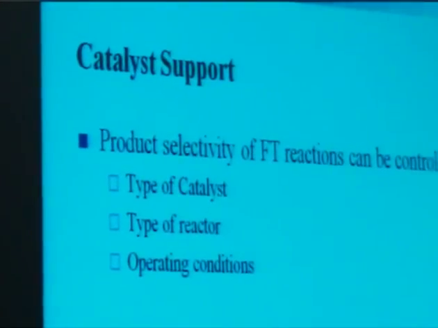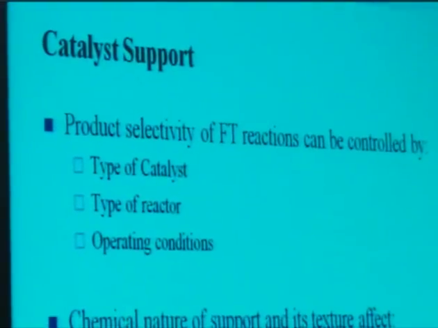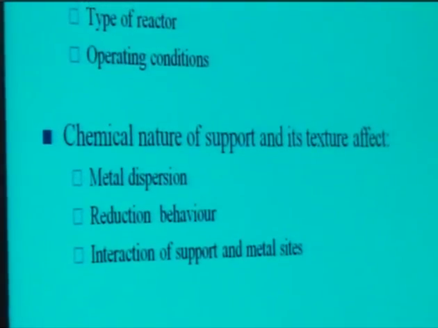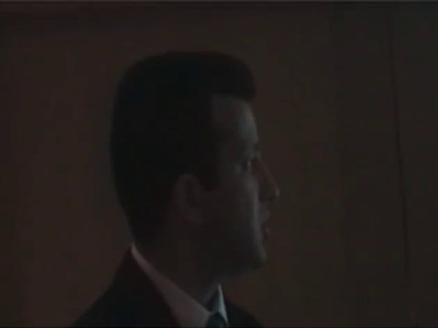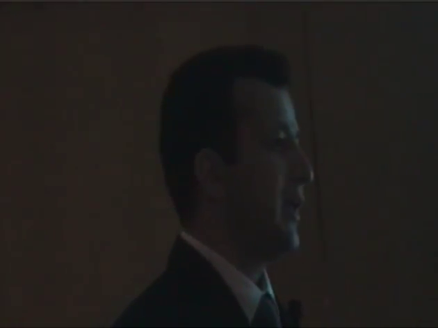So if we would like to improve this process, we have to go through three options. First, we can work on the catalyst, we can work on the type of reactor, and we can work on the operation conditions. As we are catalyst fellows here, we have to work on the catalyst.